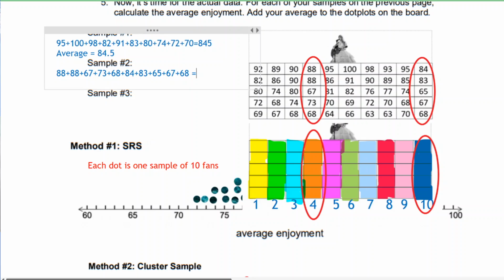That's going to be 88 plus 88 plus 67, 73, 68 again, plus 84, 83, 65, 67, and 68, which adds up to 751. Great, so our average enjoyment level is 75.1.